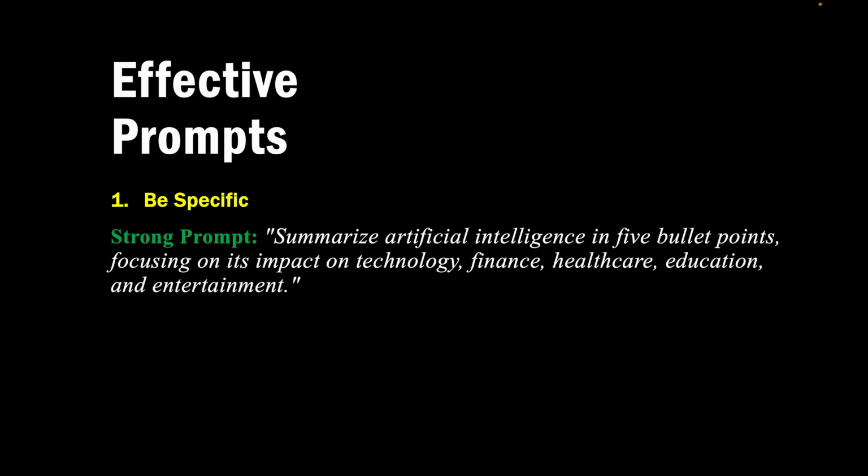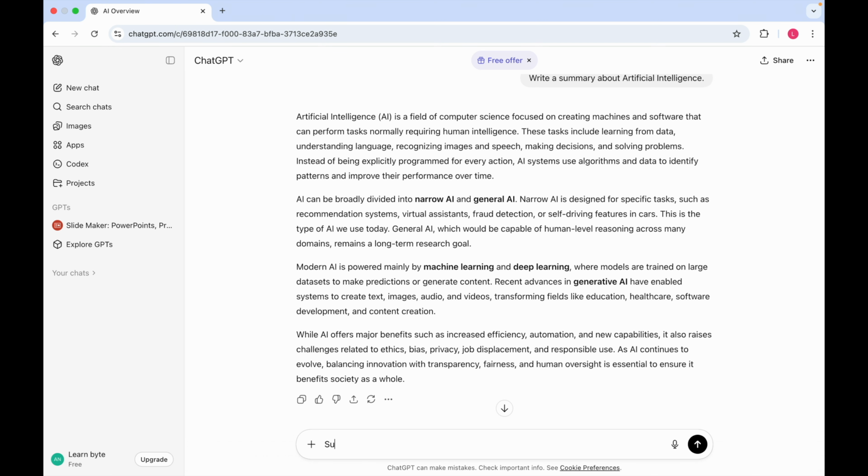So let's write this in ChatGPT. Summarize artificial intelligence in 5 bullet points, focusing on its impact on technology, finance, healthcare, education, and entertainment.